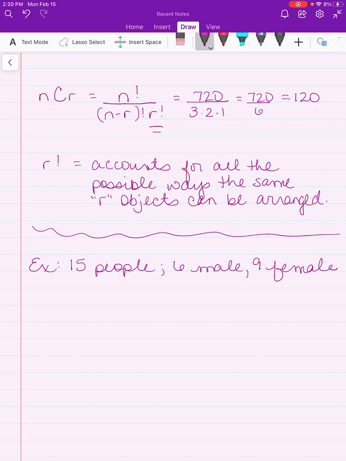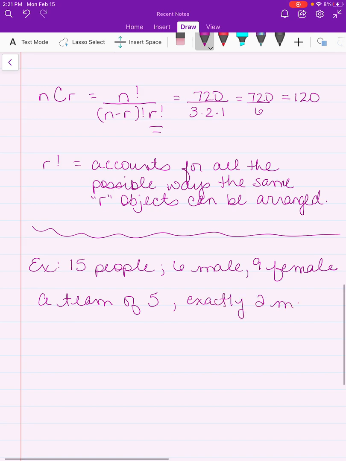And we want to have a team of 5 with exactly 2 male and 3 female.